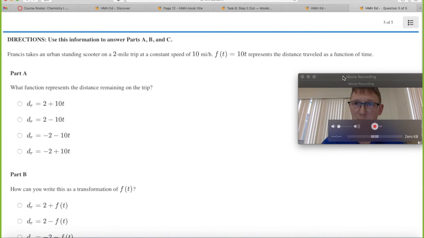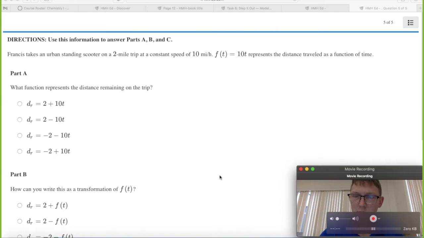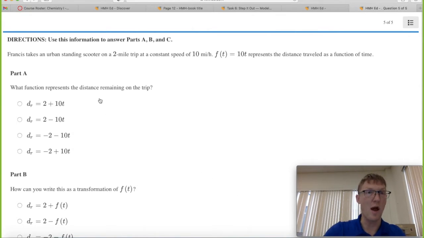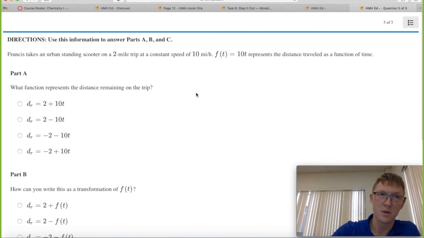All right, last but not least, we had so much fun with that driving one. Let's do another one. Francis takes an urban standing scooter on a 2-mile trip at a constant speed of 10 miles per hour. The function 10 times t represents the distance traveled as a function of time.